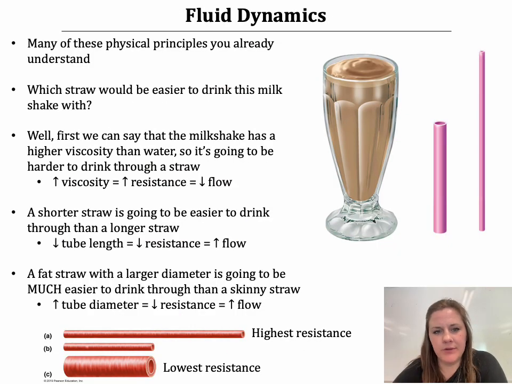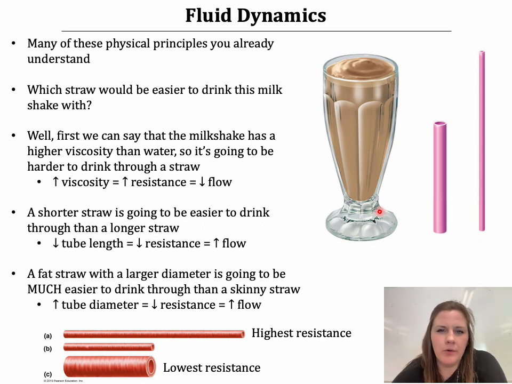So a lot of this fluid dynamics you already understand and you don't even realize it. And we can use a really classic example here of comparing drinking a milkshake versus drinking a glass of water and utilizing a straw to drink those different fluids. Right? So if we think about this, okay, milkshake in the glass, which thing would be easier to drink, this milkshake or a glass of water?